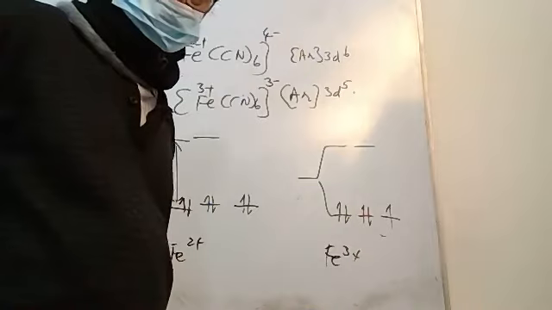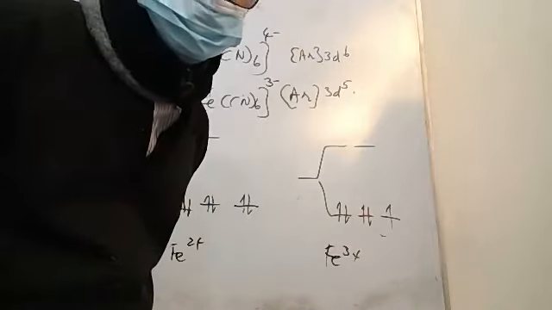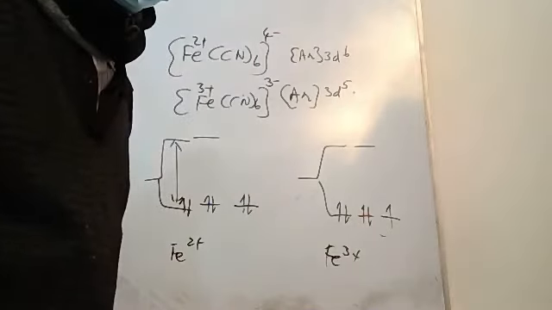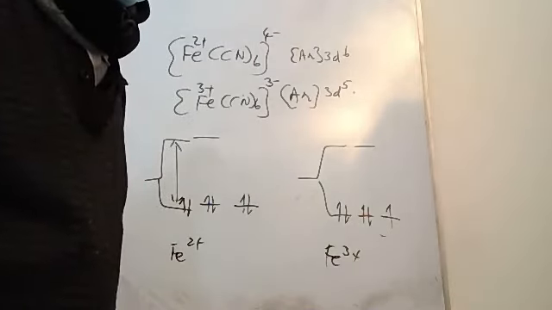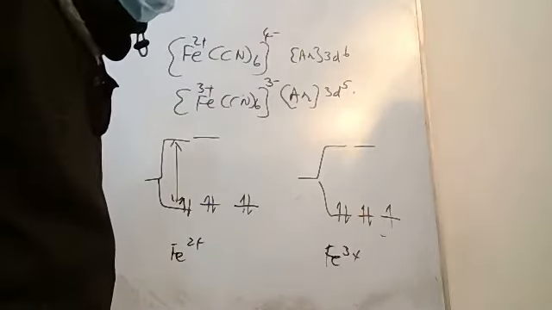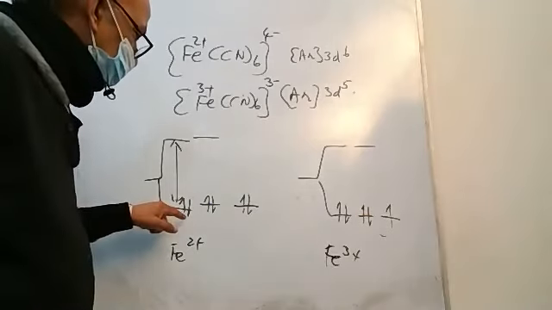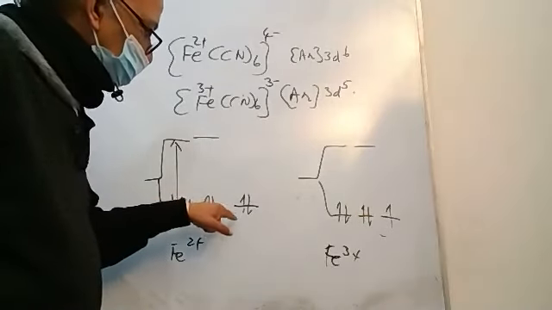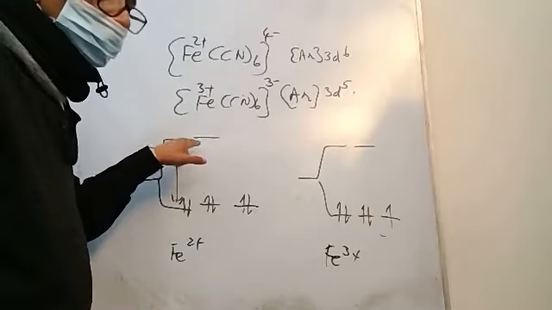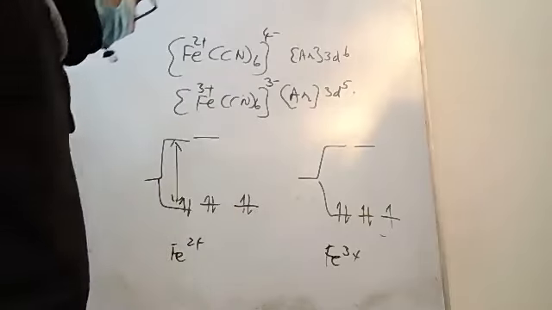What did we say the rule is? If the t2g is full, then it's inert. Say that again slowly, sir. You said if the t2g is filled and the eg is empty, the complex is inert, right? Yes, that's exactly what it is.